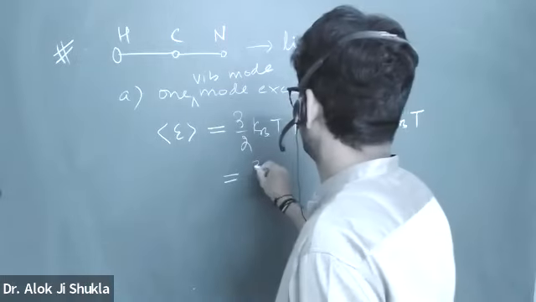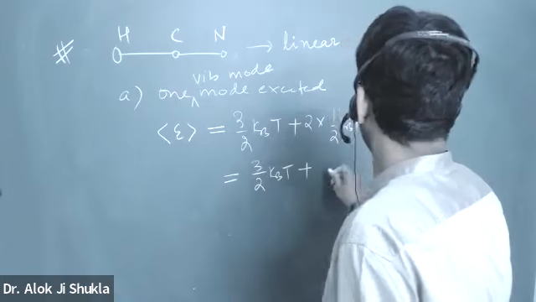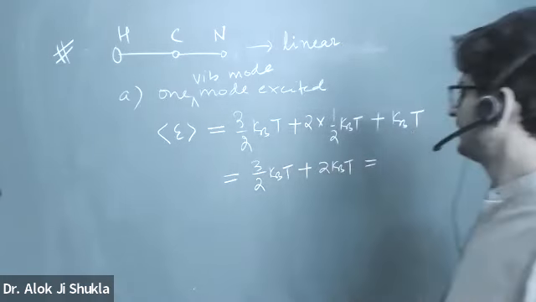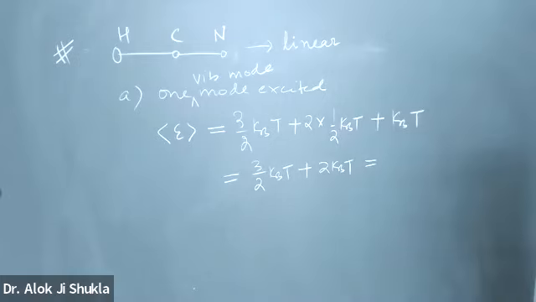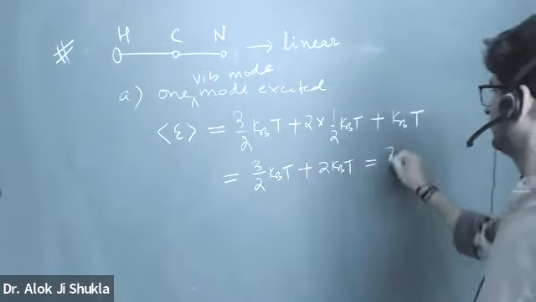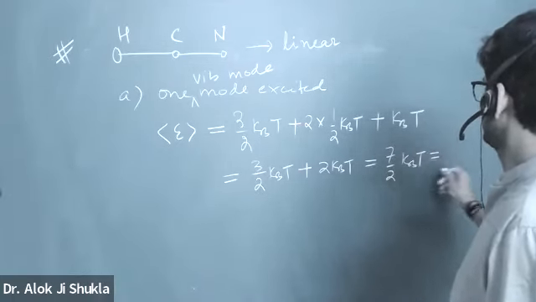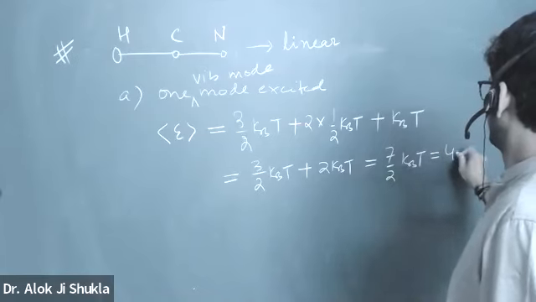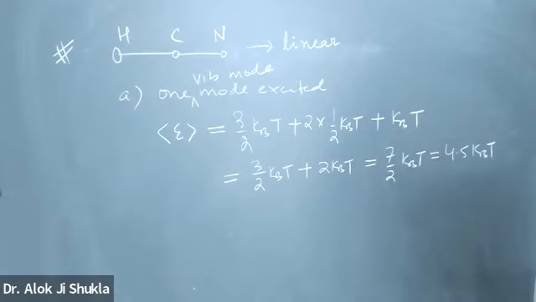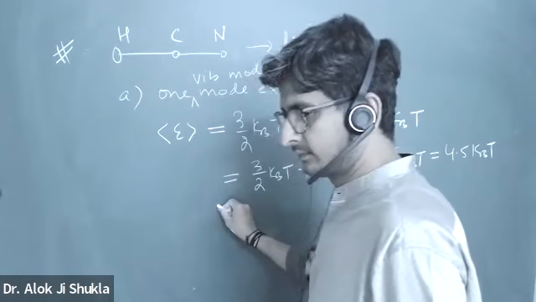Three by 2 kBT plus 2 kBT, which is 7 by 2 kBT, which is how much? 3.5 kBT. What is CV? 3.5.